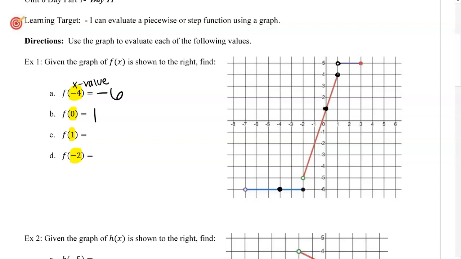So on a graph, we want to look for the closed circle to determine what the function value is there. So here, even though there's 2 points that I'm seeing, I want to look at the closed circle at 1, which is a y value of 4. And again, at -2, I see 2 values, an open circle and a closed circle. I want to go with the closed circle.